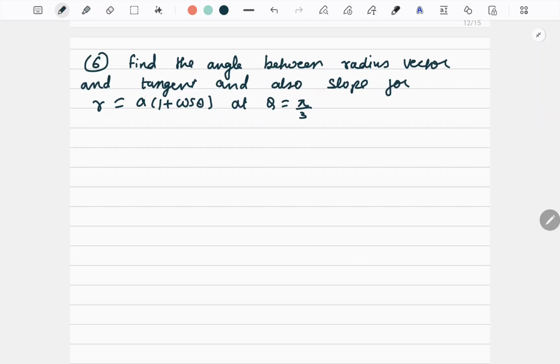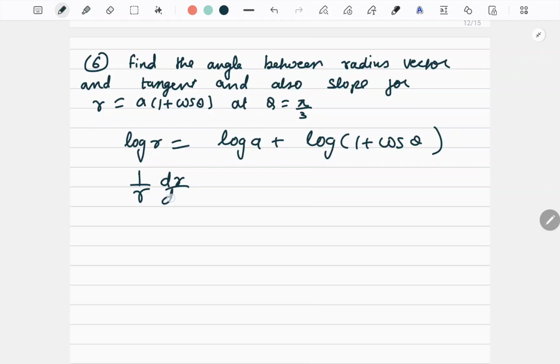Find the angle between the radius vector and tangent and also the slope. Almost the same type of question. Let us do it quickly. Log r is equal to log a plus log of 1 plus cos theta. Okay. So 1 by r dr by d theta is equal to minus sin theta upon 1 plus cos theta.